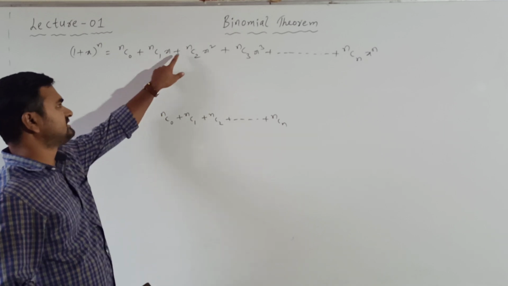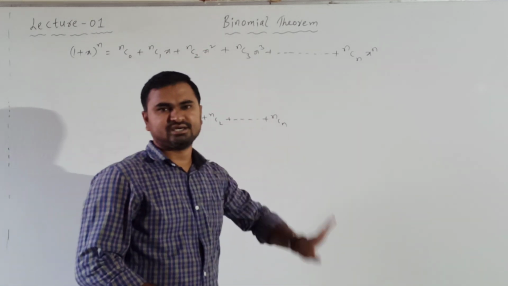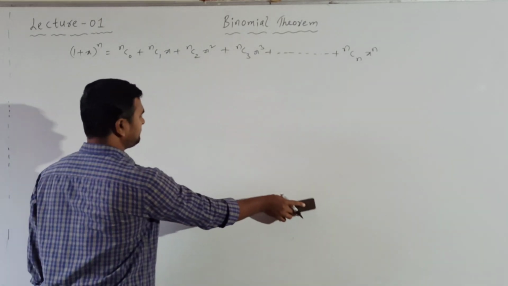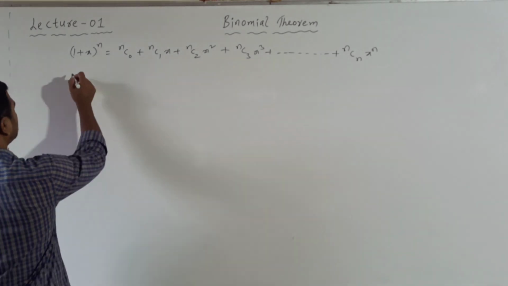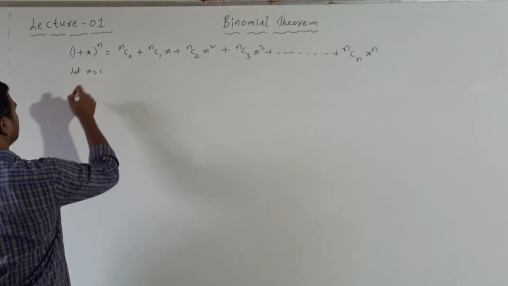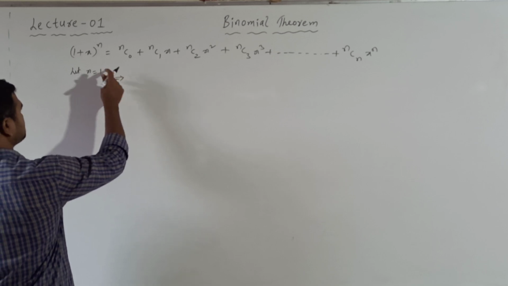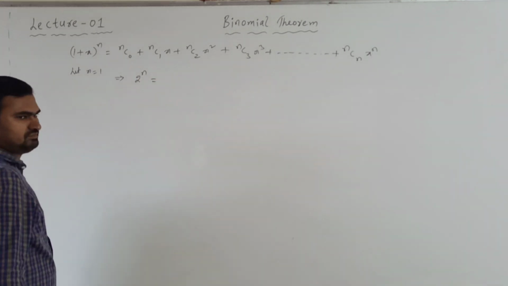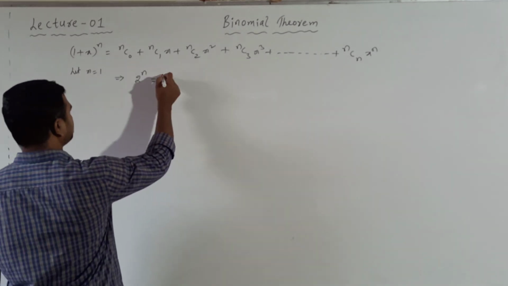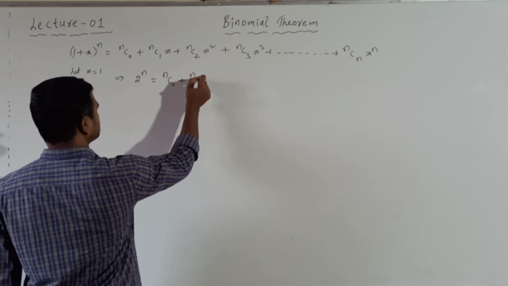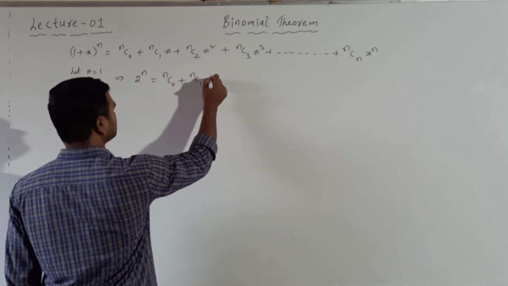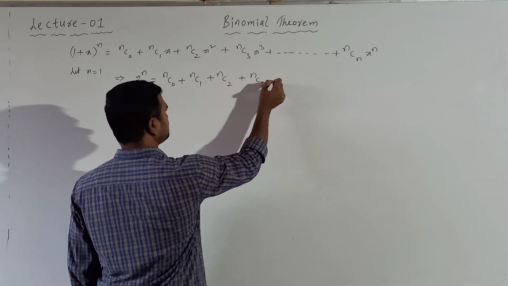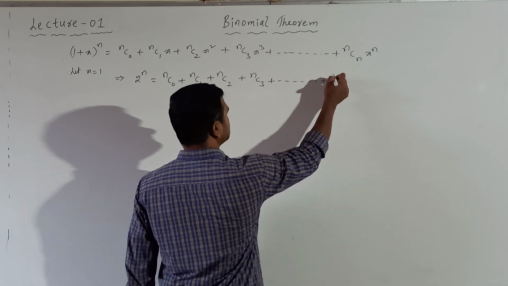So what should be the value of x we have to consider? We have to consider x as 1. Okay. So let us take x equal to 1. Then we get the sum of binomial coefficients. So what is the expansion? 1 plus 1 whole power n is 2 power n. Okay. So 2 power n is nC0 plus nC1 into 1, nC2 into 1 square is 1 again, plus nC3 and so on, nCn.